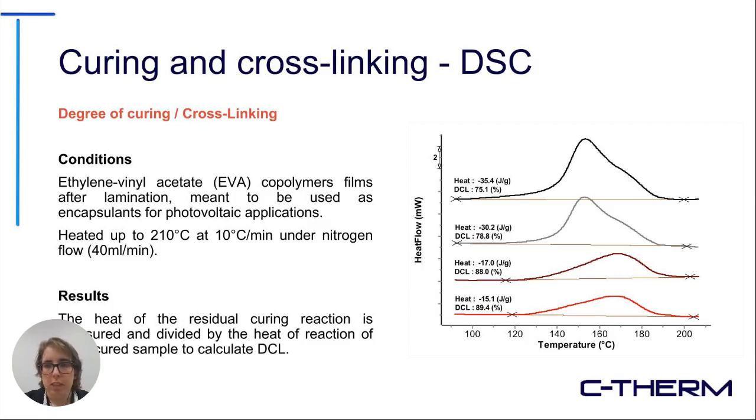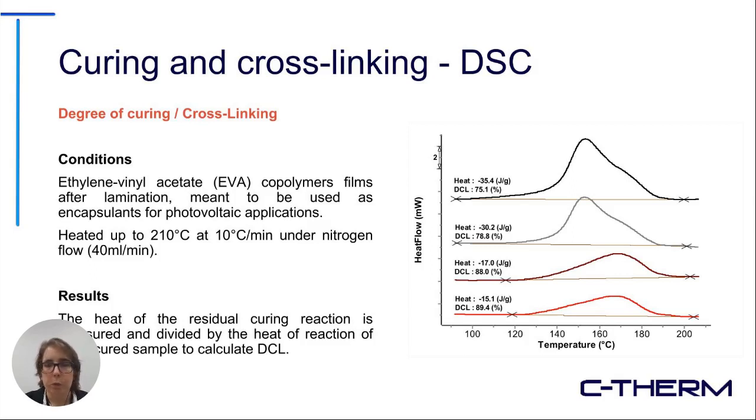The next application we'll take a look at is looking at curing and cross-linking. So in this case, you might take a look at an uncured copolymer material. So for example, ethylene vinyl acetate.